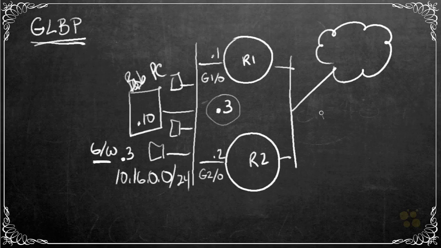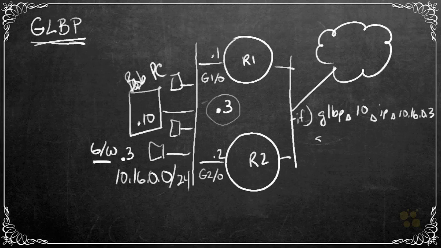And here's the syntax. You go into interface configuration mode, and the command is GLBP, space, a group number, and I'll put 10 as an example, space, the keyword IP, space, and then the virtual IP address we're supporting, 10.16.0.3. As we look at that command, does that look similar to something else that we've configured in the previous 2 videos? You may be saying, wait a sec, this looks like the exact same syntax except for the first word.